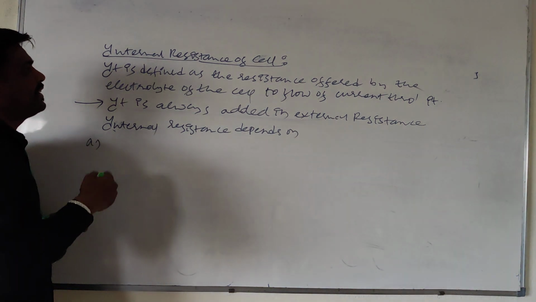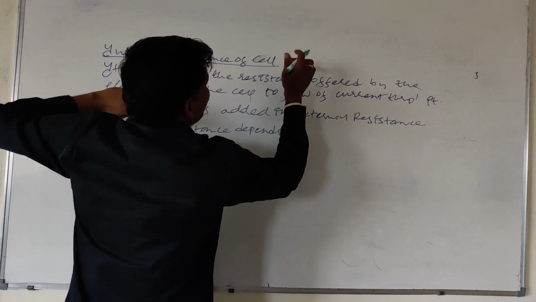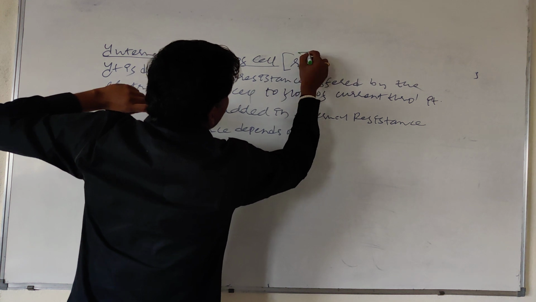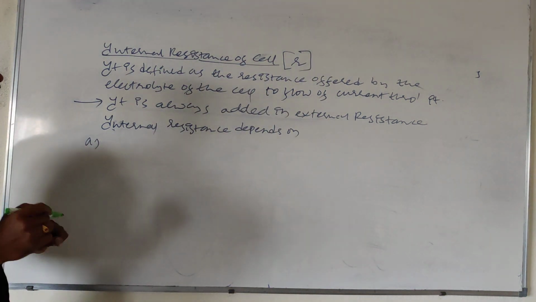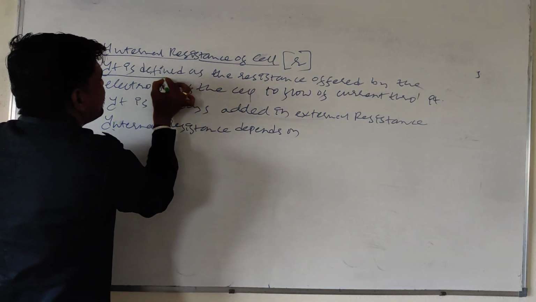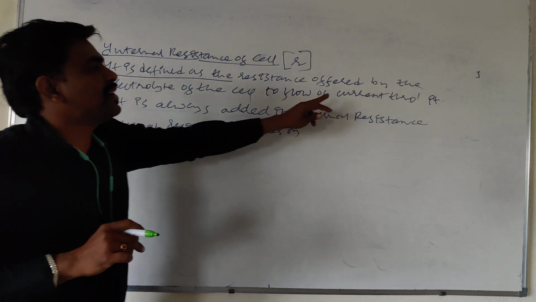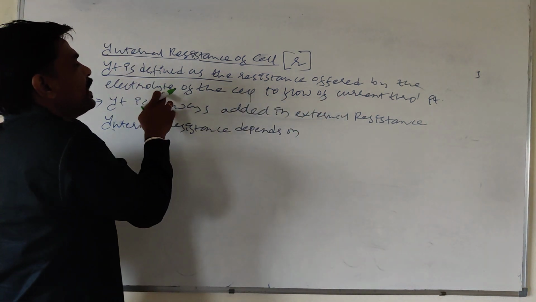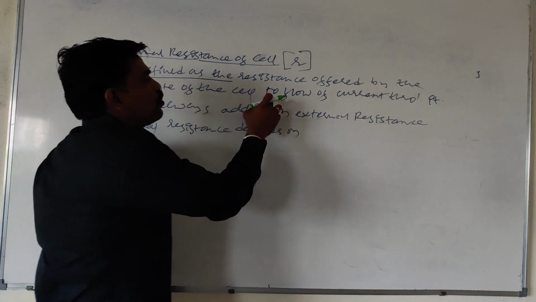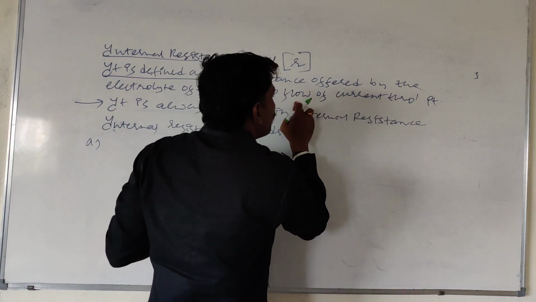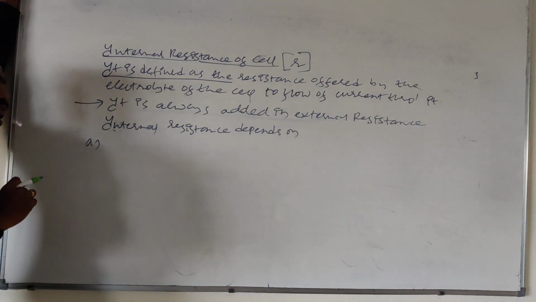After that, internal resistance of a cell. This internal resistance of a cell is denoted by small r. See here, this internal resistance of a cell is offered by the electrolyte of the cell to the flow of current through it.